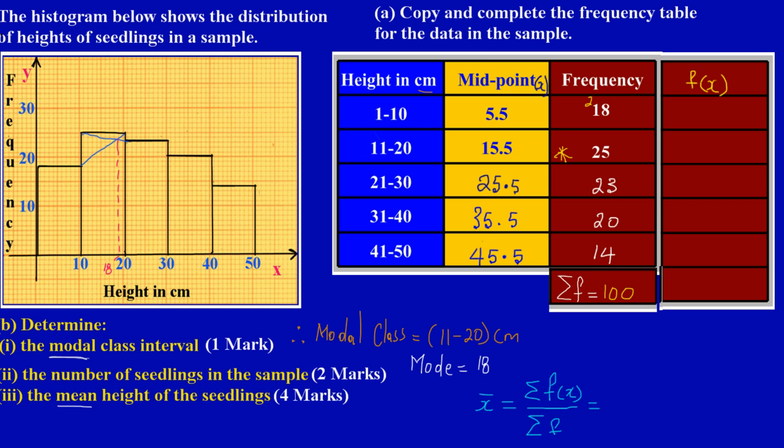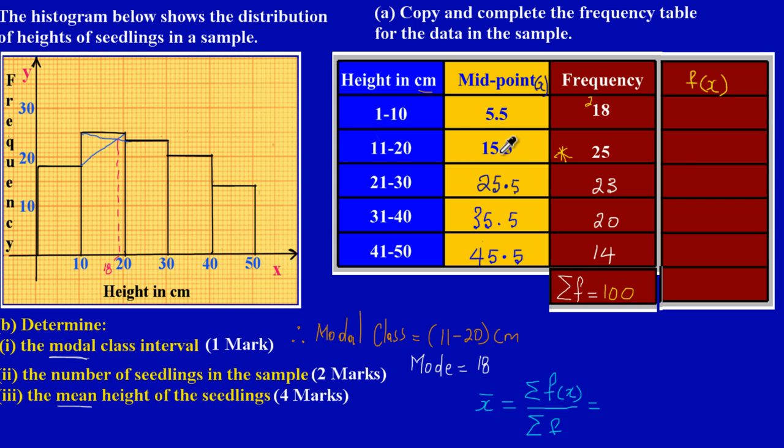Now basically, as I've stated before, in the first row we have each seedling with an average height of 5.5, and in that class there were 18 seedlings, each having that height. Now in the second row, we have an average height of 15.5.